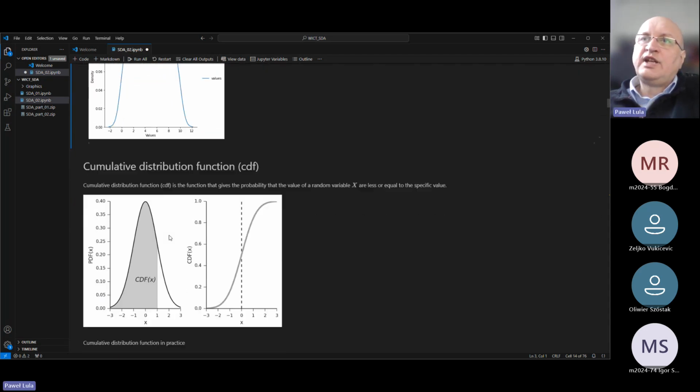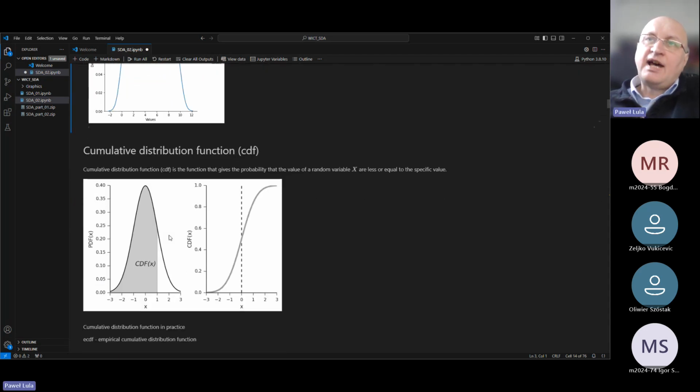Also, we have another method, which is called the cumulative distribution function. It is the last method which I'm going to show you today. The cumulative distribution function is a different way of presenting a distribution.